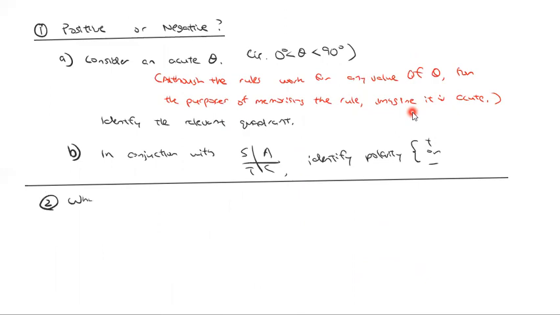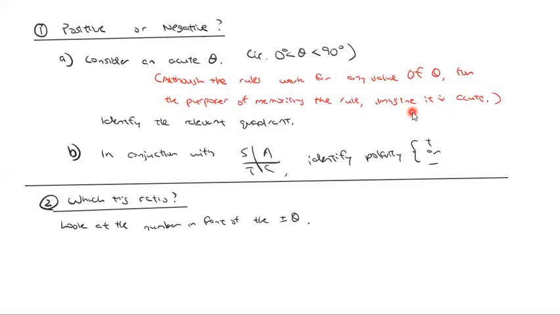So which trig ratio? Well, to decide which trig ratio to put in, this just depends on the number in front of the plus or minus theta. So you look at this number.